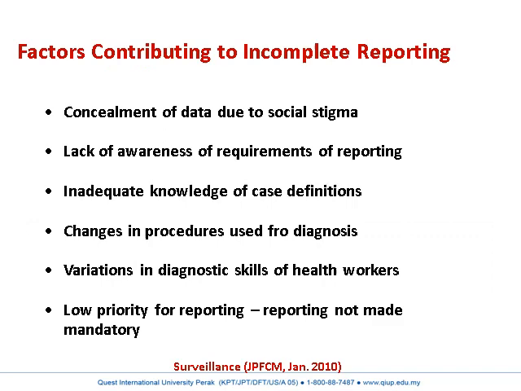Factors contributing to incomplete reporting. These are the factors leading to incomplete reporting. Concealment of data due to social stigma. Sometimes some countries, some states may conceal their data. Some countries may hide their poverty level, unemployment level, so that the government will not get stigma outside.